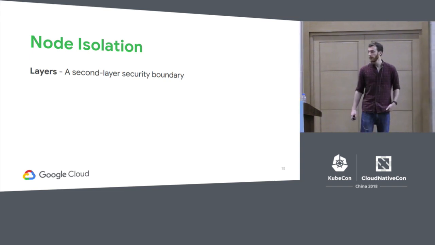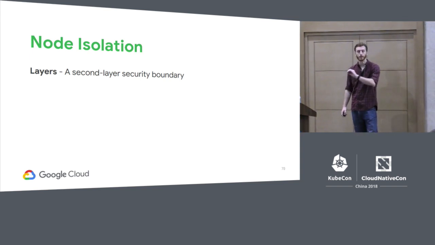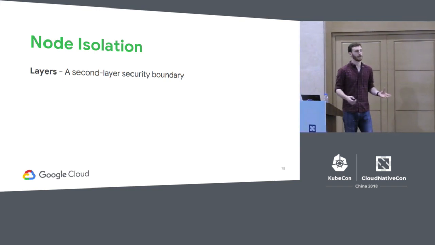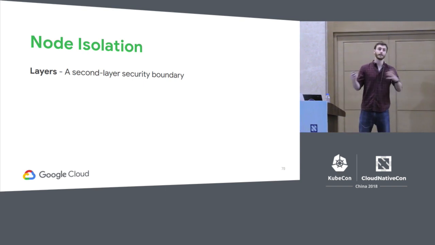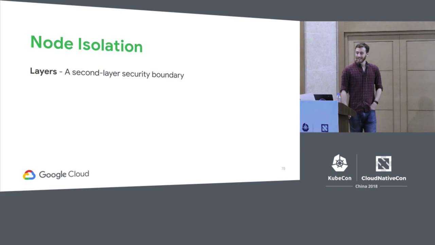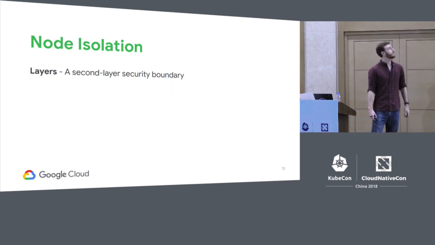So first of all, we already mentioned that we're assuming the attacker has already escaped a container. So that means we're introducing a second security boundary for the first time. That's important because we said that maybe the attacker takes advantage of a kernel vulnerability to escape the container.